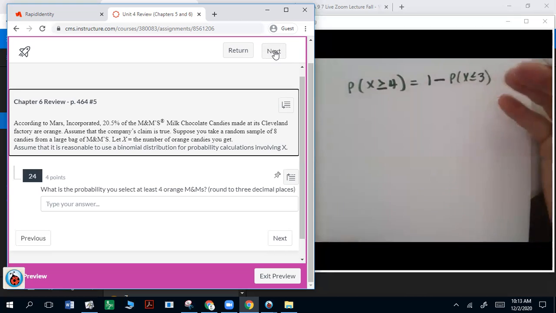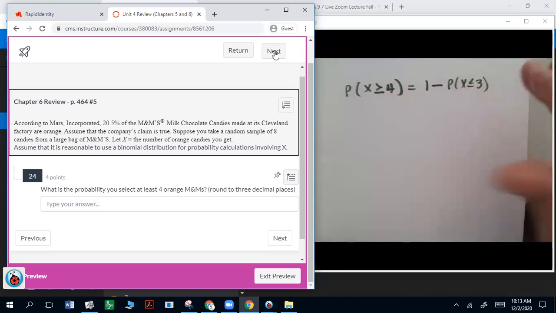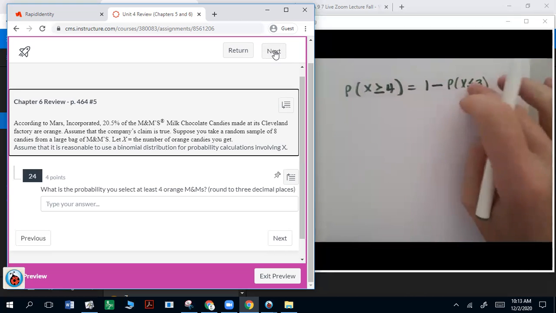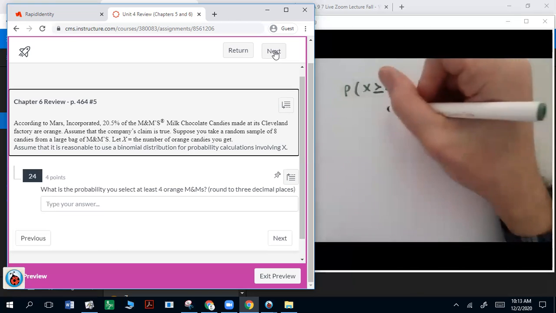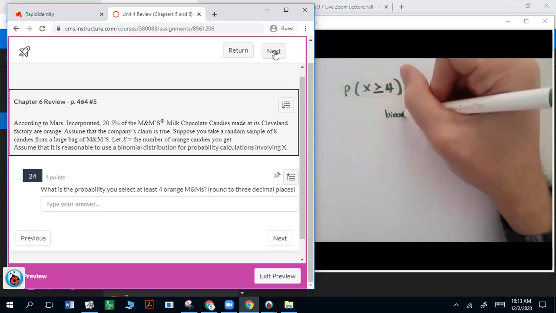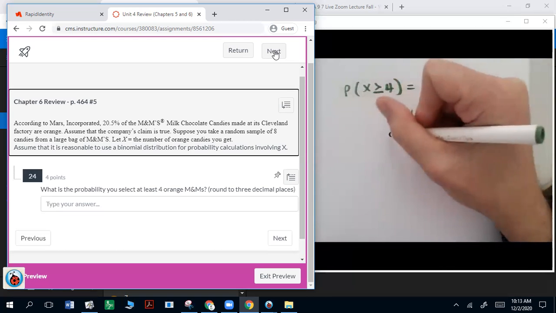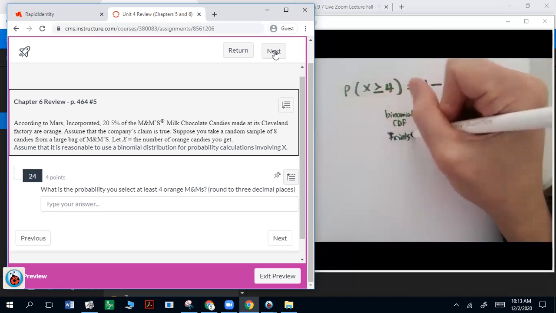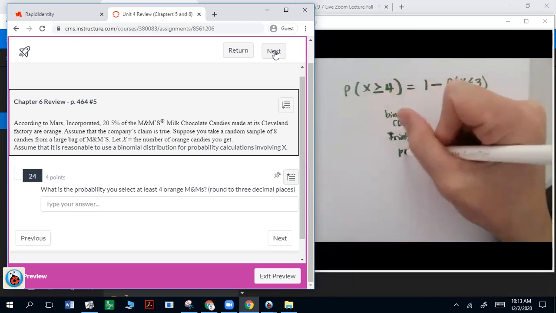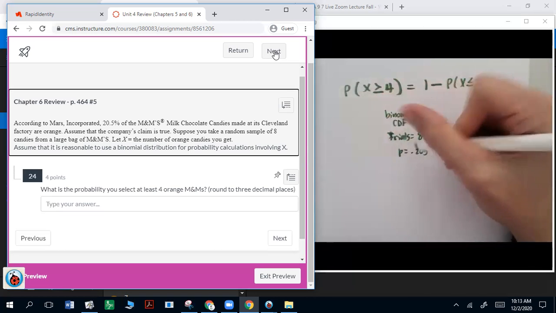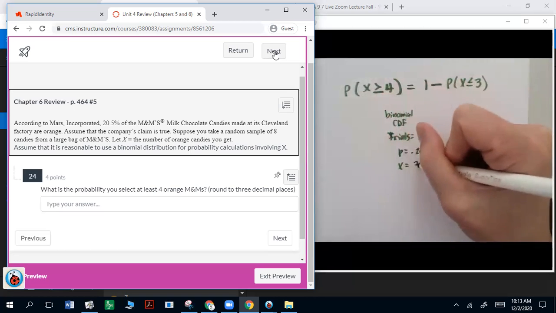So we want to do the complement of that. So we're going to do the binomial CDF here. Your trials is going to be 8. Your probability is 0.205. And your x value is 3.